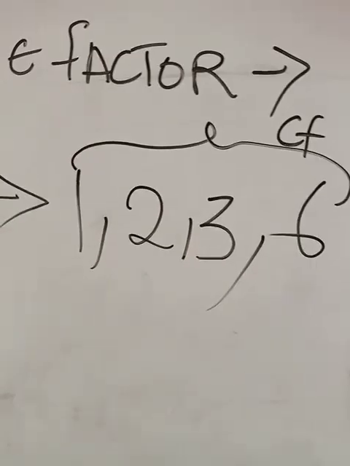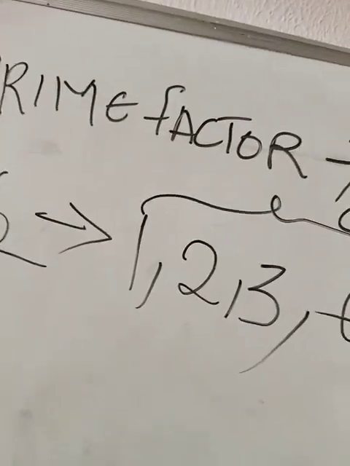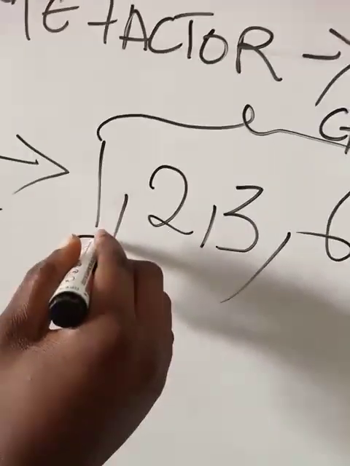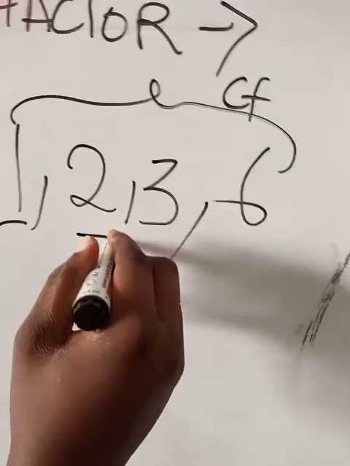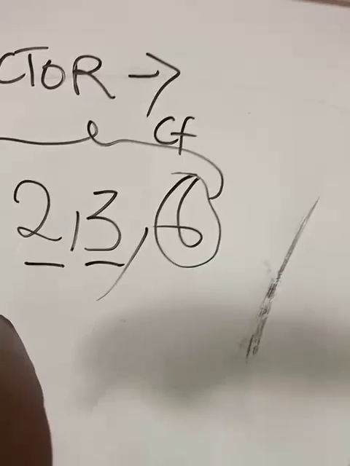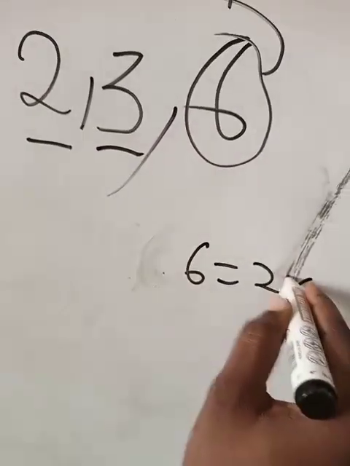You'll be wondering, now where is the prime factor? A prime factor, as I've said before, is a factor which is a prime number. From here we can see 1 is a prime number, 2 is a prime number, 3 is a prime number, but 6 is not a prime number. You understand? Because 6 can be written as 2 times 3.